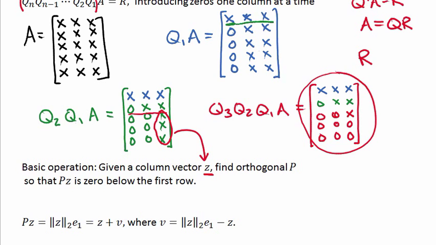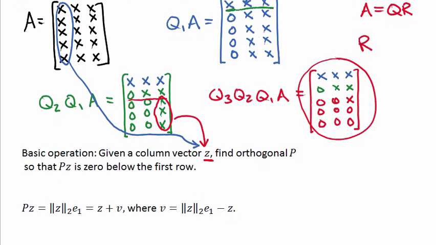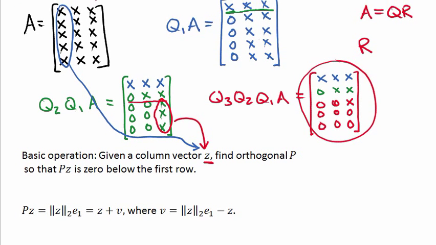Okay, in the case of Q1, this was the target column here. Okay, so it changes from one step to the next. But in any case, what we want to do is take that column, multiply by a P on the left, which is orthogonal, and then we put zeros below the diagonal, or in other words, below the first row of that vector z.